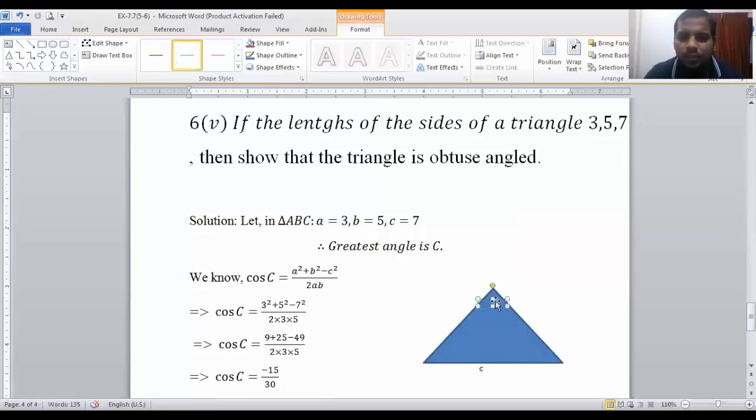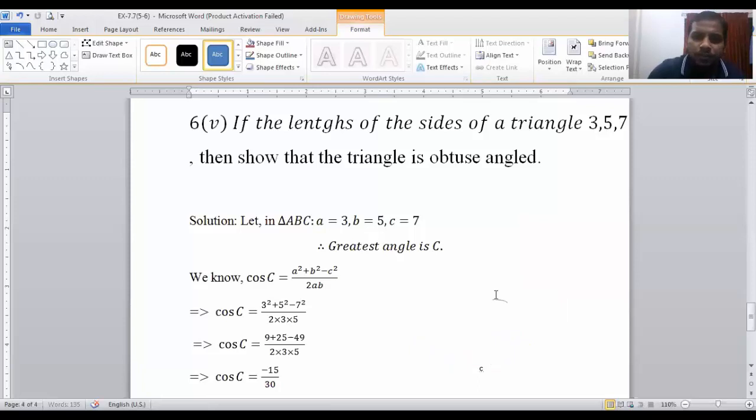If it is c side, that means this angle is the capital C.